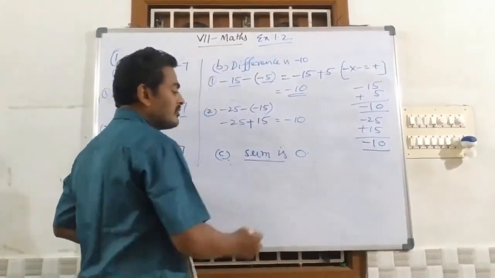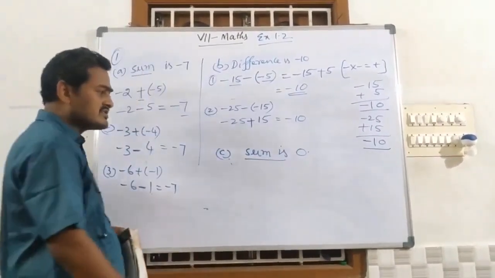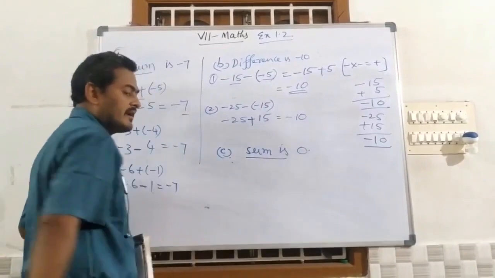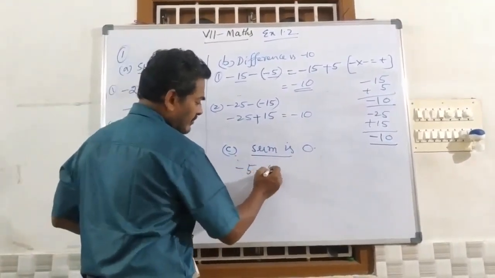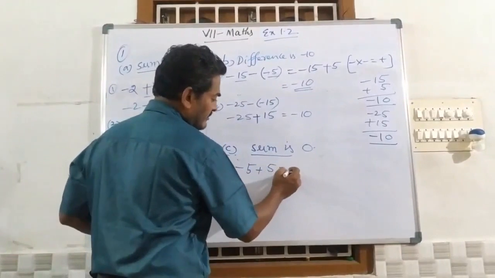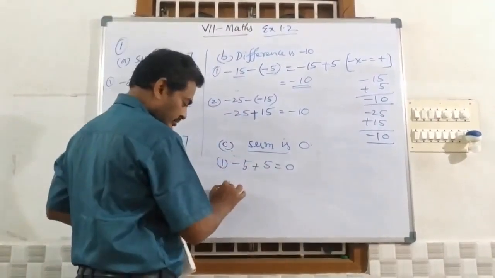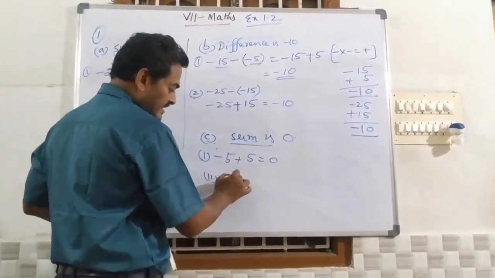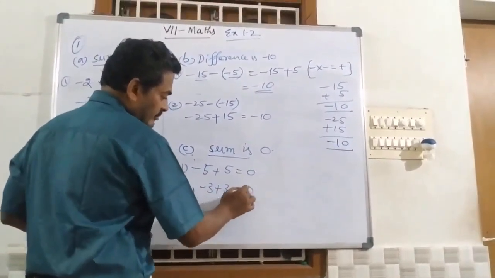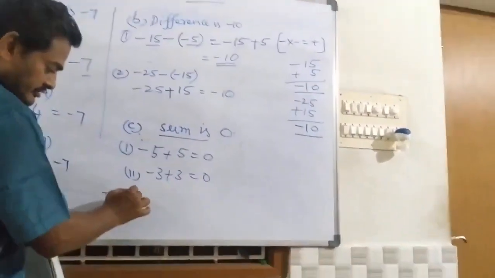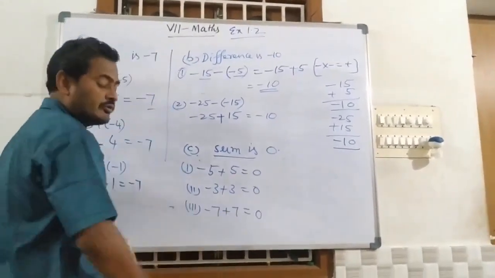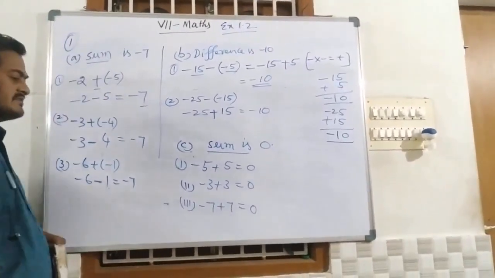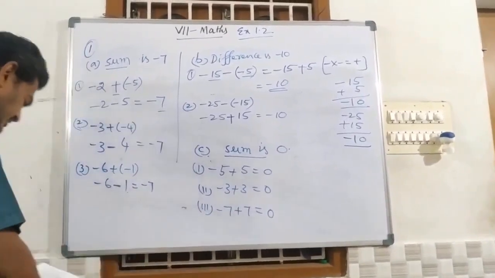Sum of two numbers. A pair of numbers whose sum is 0. That means simple: -5 plus 5 equals 0. Now -3 plus 3 equals 0. Third question, -7 plus 7, this also 0.